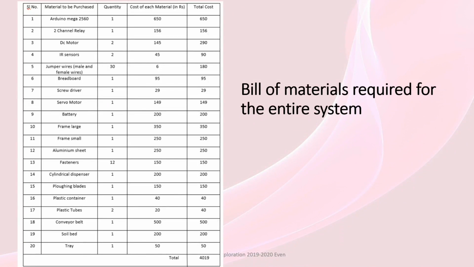Conveyor belt, quantity 1, cost of each material is 500 rupees. Soil bed, quantity 1, cost of each material is 200. Tray, quantity 1, cost of each material is 50 rupees. The total cost of materials is 4019 rupees.